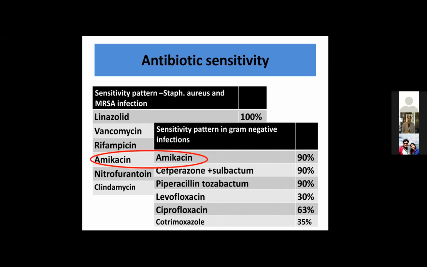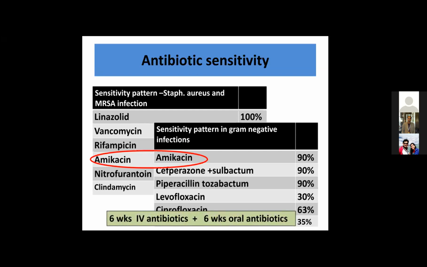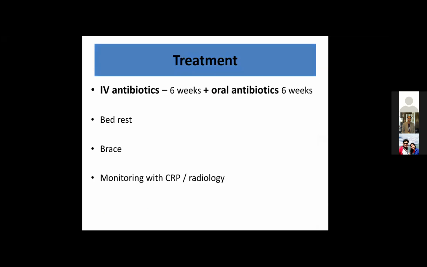Other oral antibiotics such as levofloxacin, ciprofloxacin, cotrimoxazole, sensitivity was seen to these drugs in 30% of patients. There were 1 or 2 patients with resistance to all the available drugs, mainly in gram-negative infection. It was sensitive only to colistin, where we were forced to use colistin in those 2 cases. So our protocol is to give patients 6 weeks of IV antibiotics followed by 6 weeks of oral antibiotics.